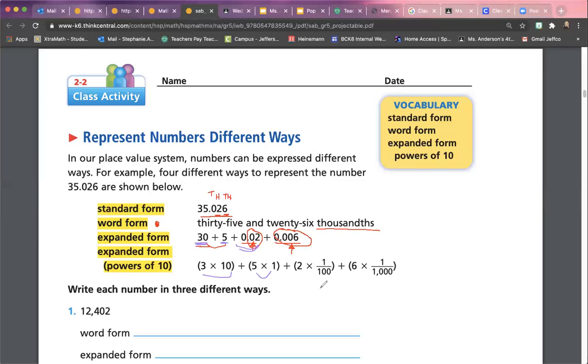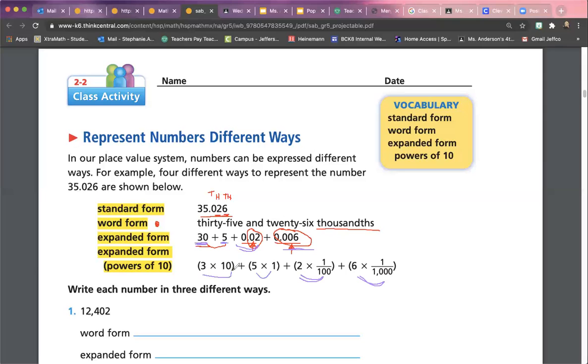So if I was to write this as a fraction, it'd be 1/100th is how I would use that place value. And I have 2 of those. I have 2 hundredths. And then my last one here is 6 thousandths. 6 times 1/1000th. So all you're doing for this powers of 10 is you're just breaking these numbers up into their place value from the expanded form.